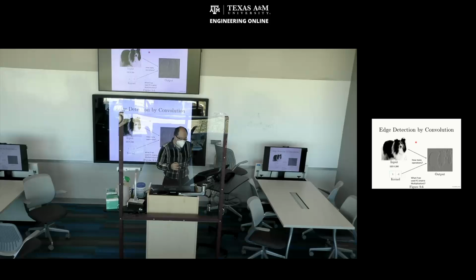So let's look at one example that is something you don't even have to learn from the data, but we can design by principle. Let's say we have a 320 by 280 input image, and our kernel is 1 by 2, which is 1 and minus 1. If you look at what 1 and minus 1 is, you can clearly figure out what it's doing.